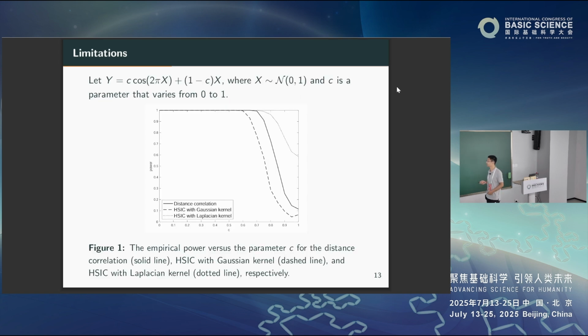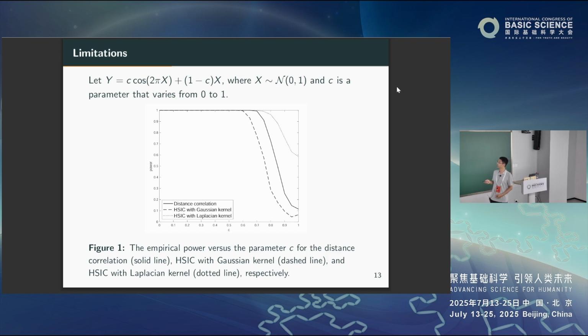And we can also conduct a toy example to illustrate this phenomenon. We let Y and X follow this equation. There is no error term in this model, and we use C to control the dependence: if C equals 0, Y depends on X perfectly linearly.